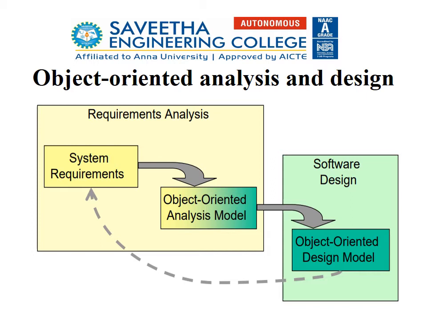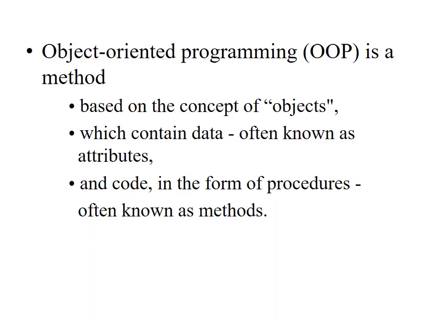So students, try to recollect the basics of object-oriented programming concepts you studied in an earlier semester. We all know well that an object is nothing but an instance of a class. An object is a real world entity. It may be a pen or pencil or whatever it is. Each object will have two sections: one is the data section, the other is the code section.